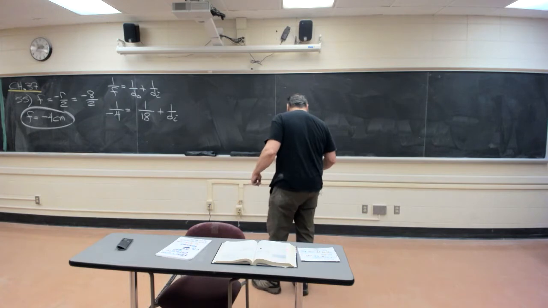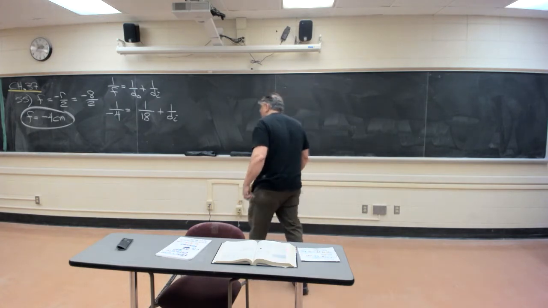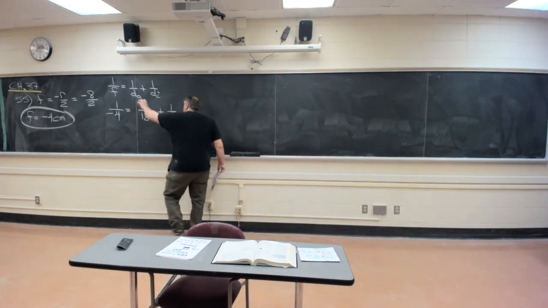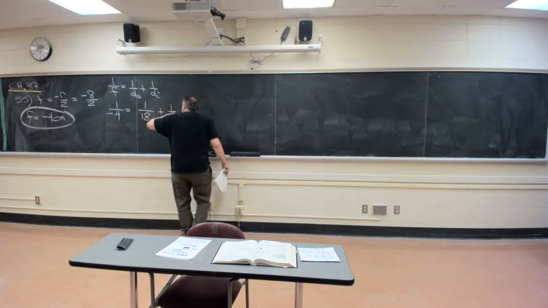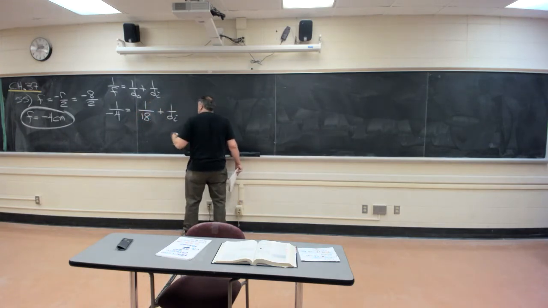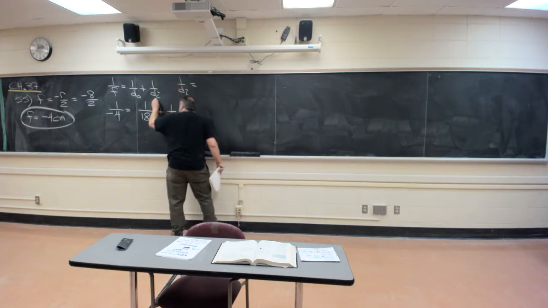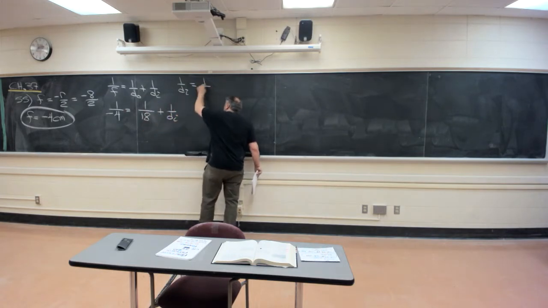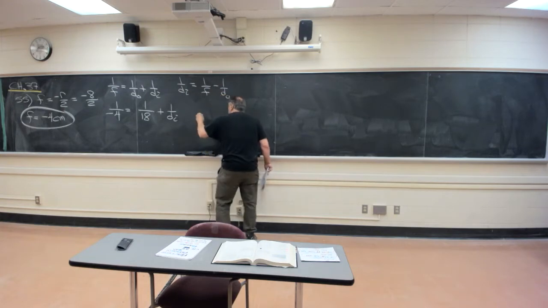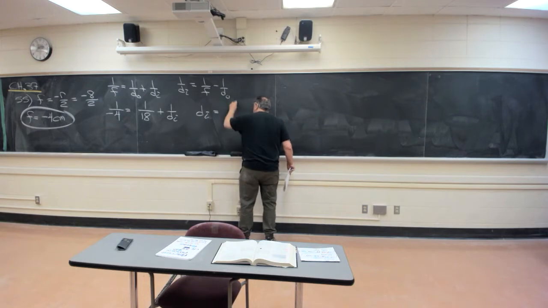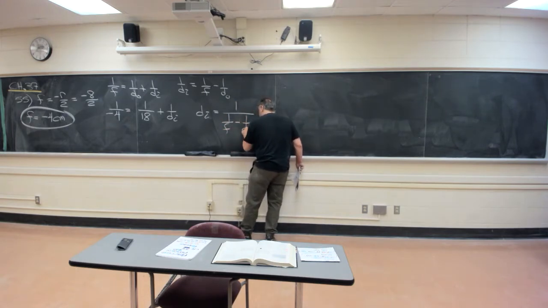How are you going to solve for di? Leave 1 over di as is, subtract 1 over do on each side, and di is going to equal the reciprocal of this.